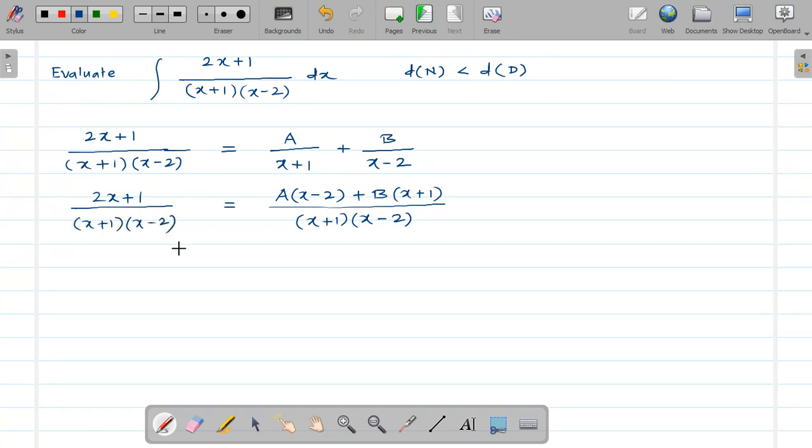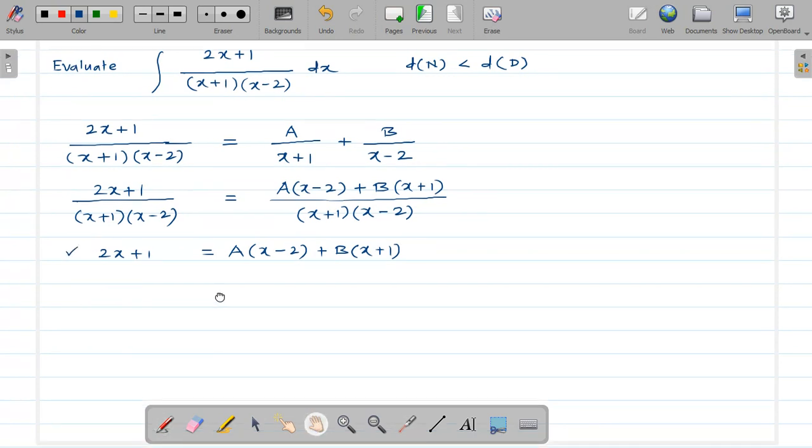Now compare both sides. Here the denominator on both sides will get cancelled, and you will get 2x plus 1 is equal to A into (x minus 2) plus B into (x plus 1). So just by comparing or solving both sides, first of all we will take the cross multiplication to this side, and then we get this step. This is a very important step.